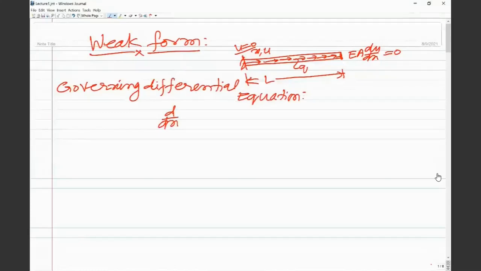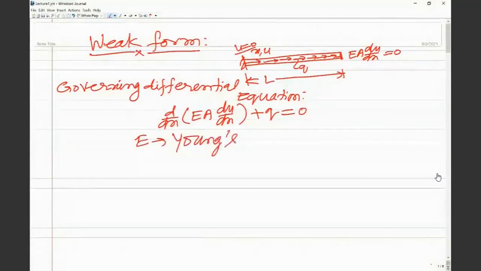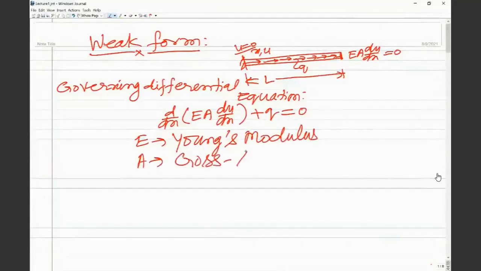I am considering an equilibrium problem, so it's a static problem. d/dx of (EA du/dx) plus q equals 0. This is the governing differential equation, where E is Young's modulus, A is the cross sectional area, and q is the load per unit length.